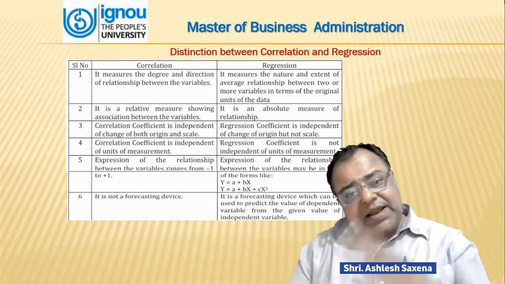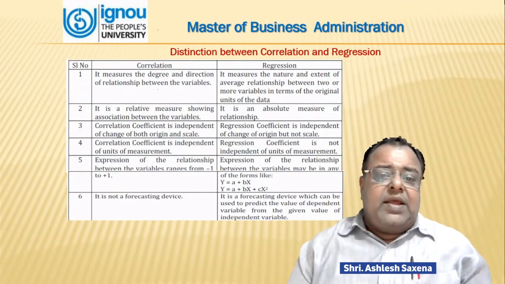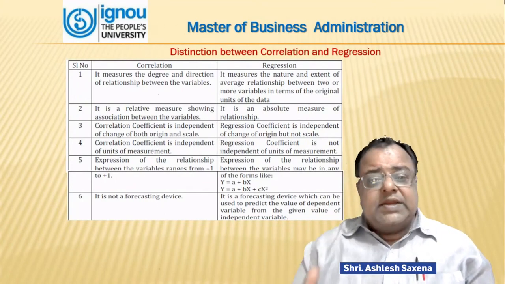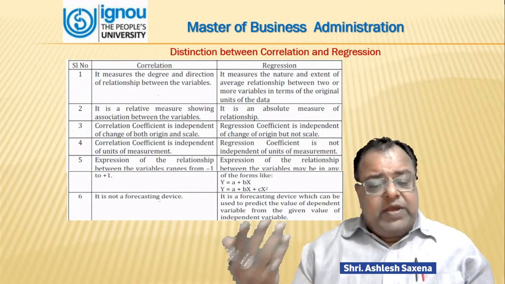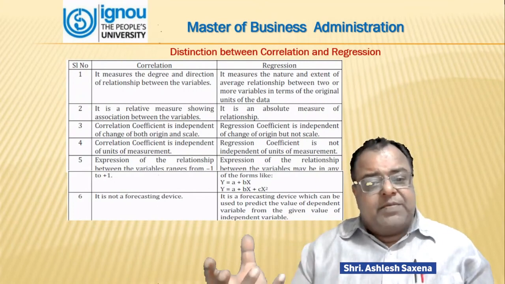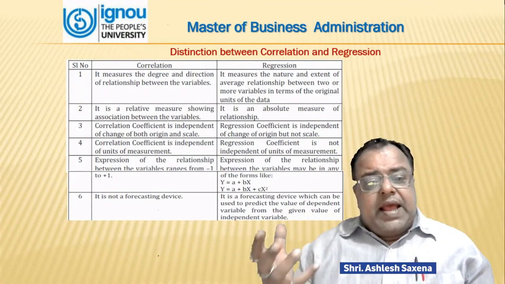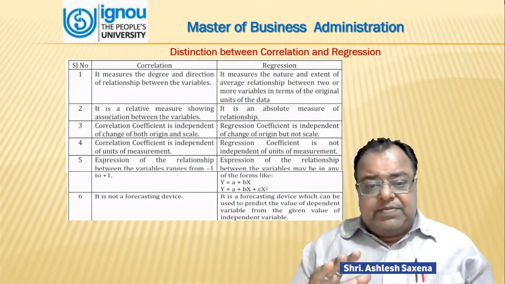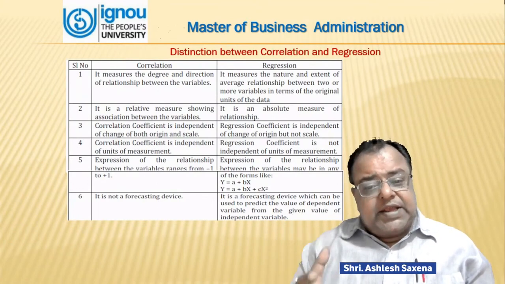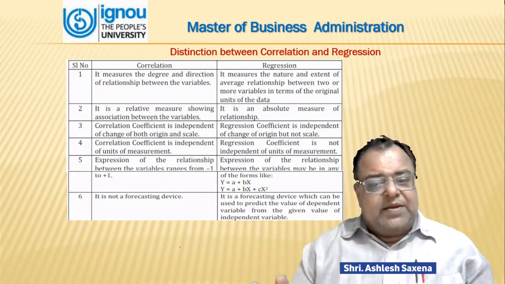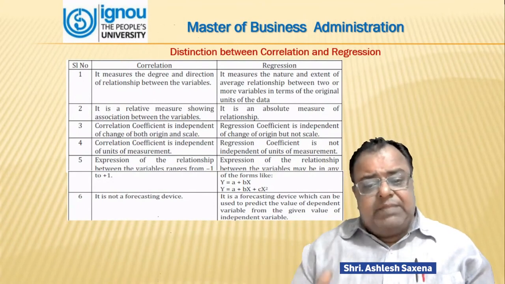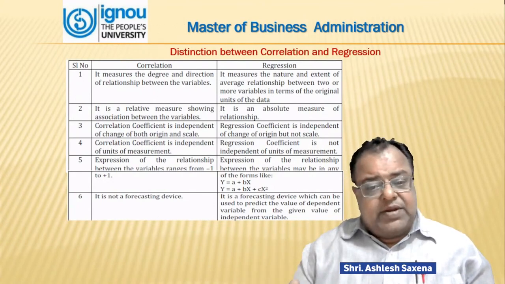On the other hand, regression measures the nature and extent of the average relationship between two or more variables in terms of the original units of the data. It is an absolute measure of relationship. The regression coefficient is independent of change of origin but not of scale. It is not independent of units of measurement.